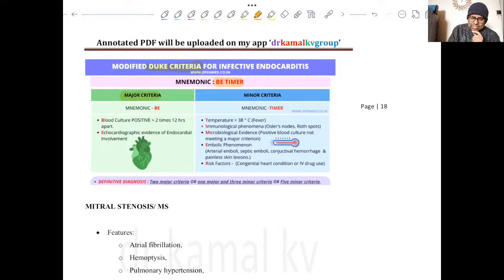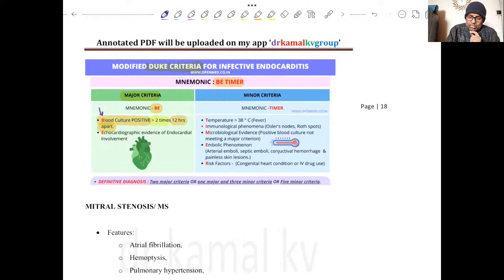The major criteria can be remembered with the alphabets B, and B stands for a positive blood culture which should be more than 2 times, and the cultures are taken 12 hours apart. So conditions are very important. The culture has to be taken after there should be a gap of 12 hours between the 2 cultures, and both the cultures should show the growth of the organism.